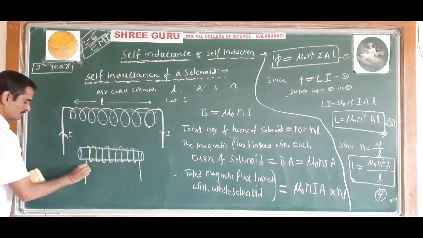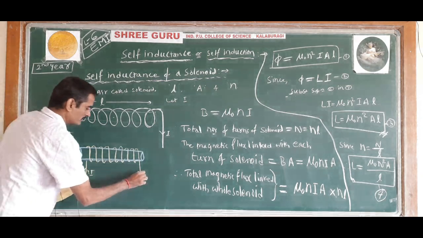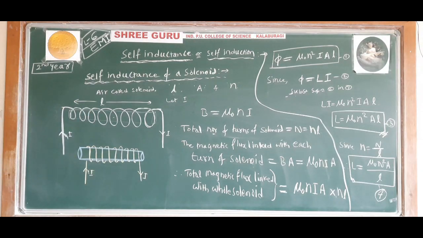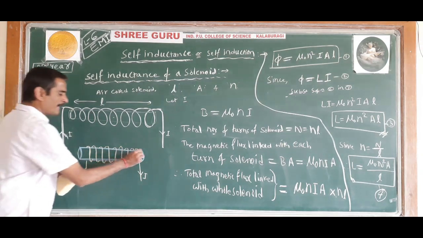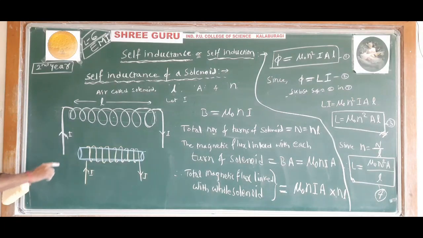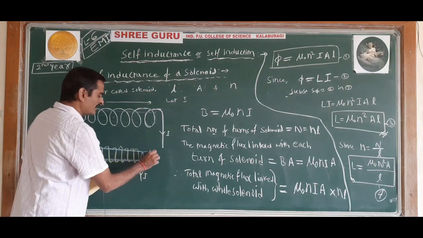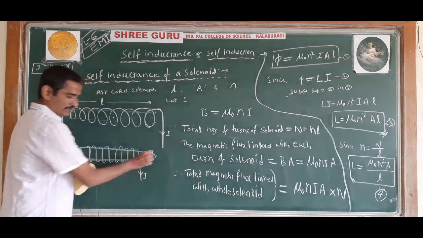I is the current flowing, and this is also a solenoid, but it is not an air cored solenoid, it is on a magnetic material. So the wire is wound on a magnetic material. The permeability of this magnetic material is mu r.